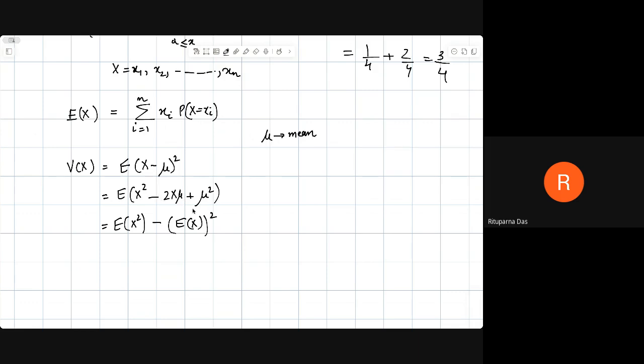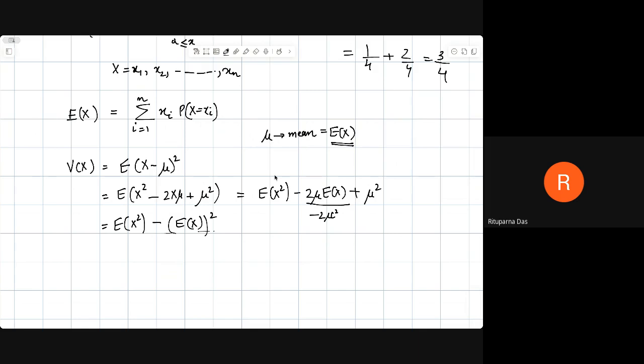So this will be E of X square minus 2 mu E of X plus mu square. Mean is E of X, right? So this becomes minus 2 mu square. Minus 2 mu square and plus mu square becomes minus mu square, and mu is E of X. So E of X square minus E of X whole square is your variance.